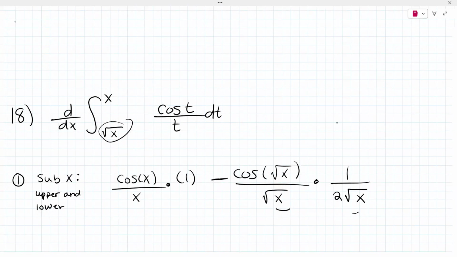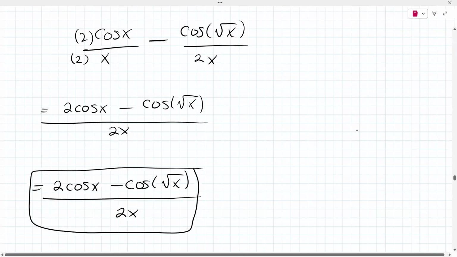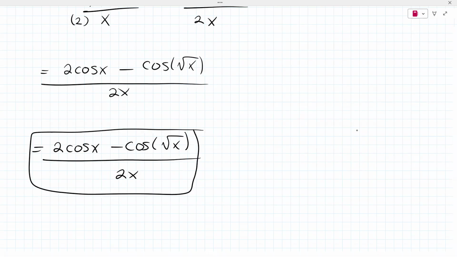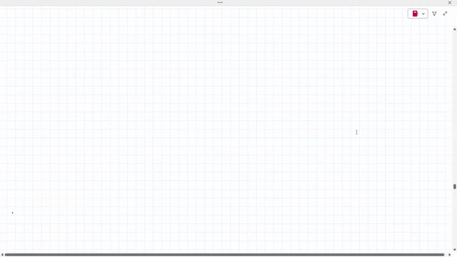I plugged that in, and then I had to take the chain rule, basically taking the derivative of x, which is 1, and then minus, and then apply your lower boundary, which is radical x. So you get cosine of square root of x over x times the derivative of radical x. Clean that up a bit, and this is what I got. Okay, good. Let's move on to 19.